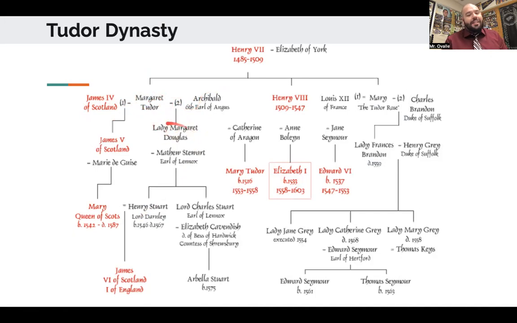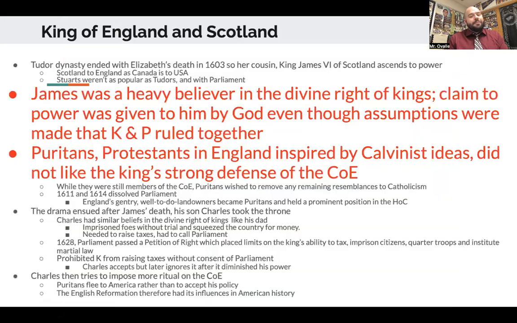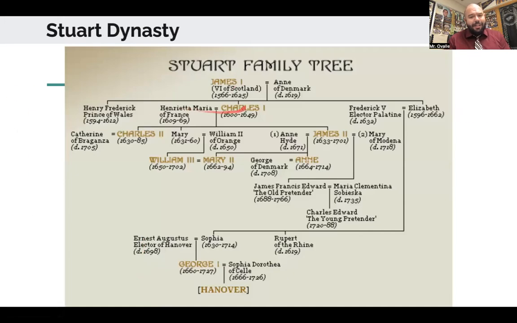She has a daughter, Lady Margaret Douglas, who marries Matthew Stuart, Earl of Lennox, who then has 2 sons, Henry Stuart, who will marry Mary, Queen of Scots, and who will rule Scotland at the same time Elizabeth's in power. And then their son is James VI of England, or James VI of Scotland. So it's ugly, right? It's ugly. So this is where we are.